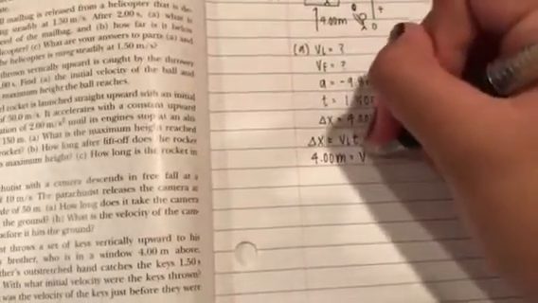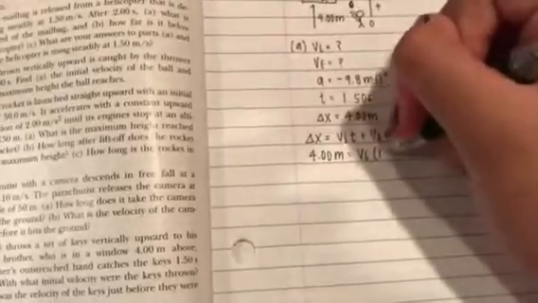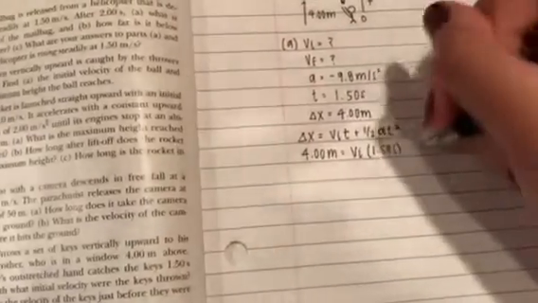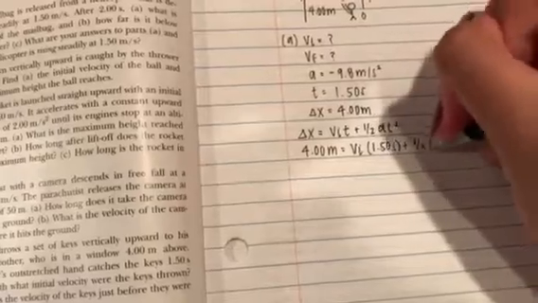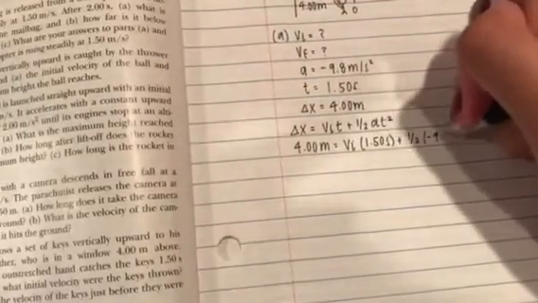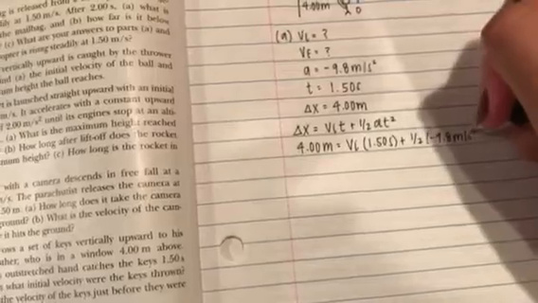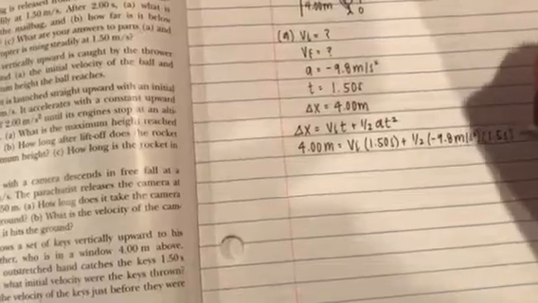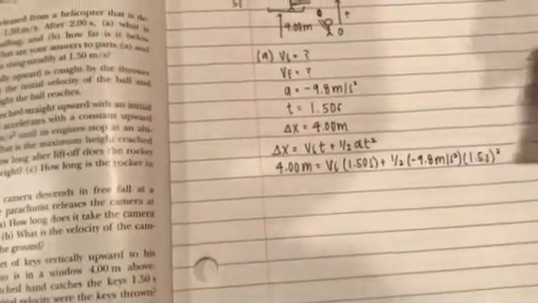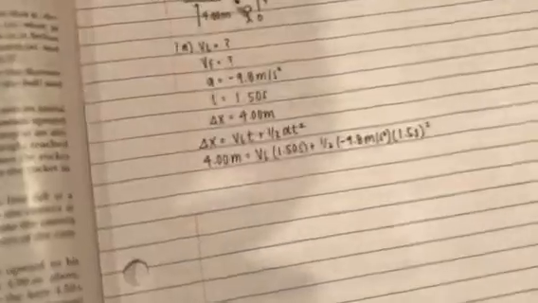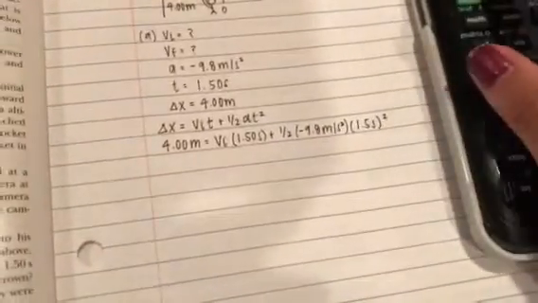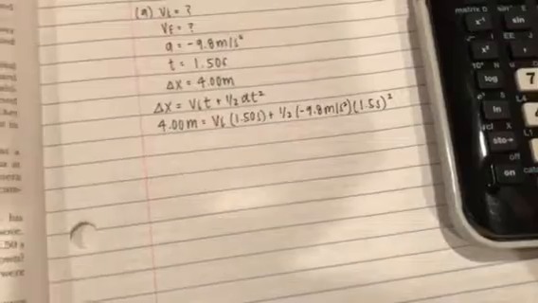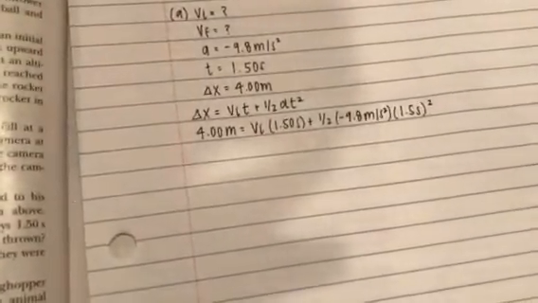Our velocity initial times time, which is 1.50 seconds, plus 1/2 acceleration, negative 9.8 meters per second squared, times 1.5 seconds squared. So next, you plug this into your calculator. Or I guess you don't have to, but you can simplify it from here.